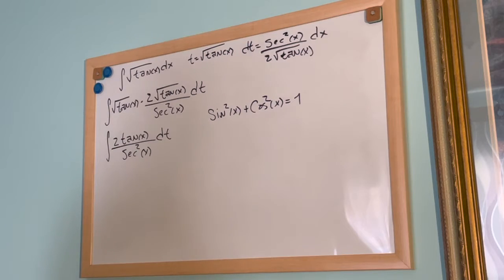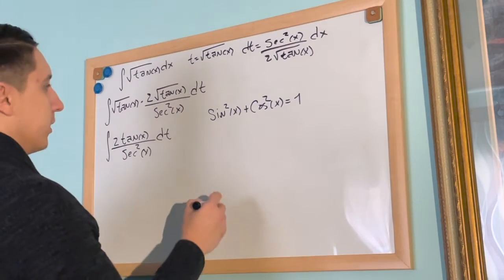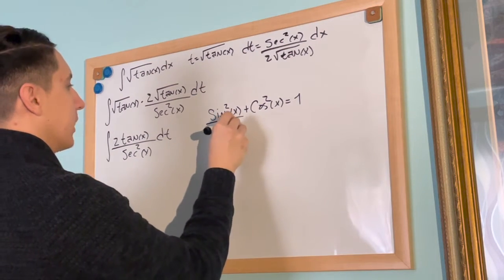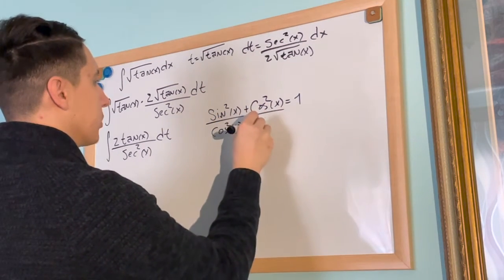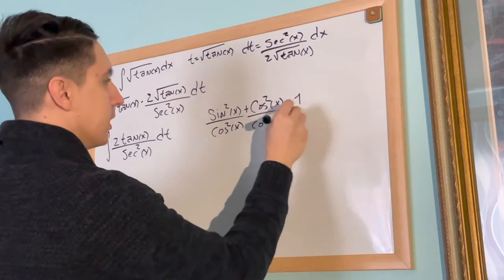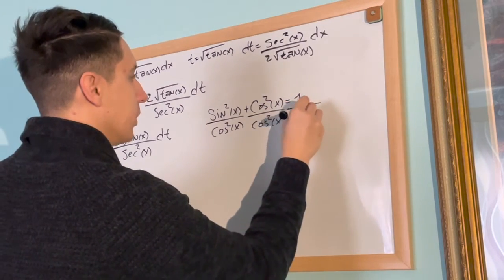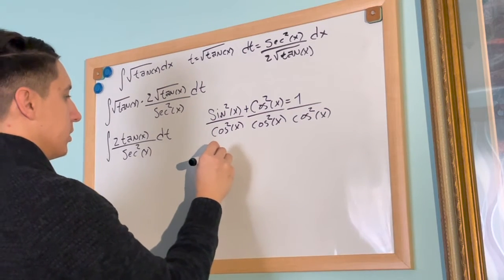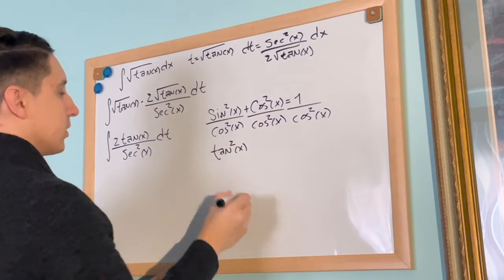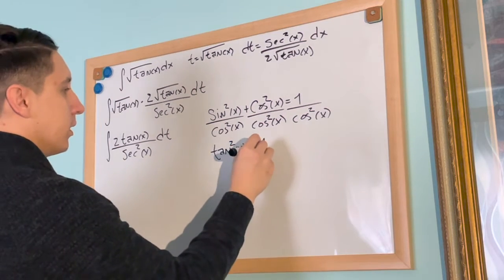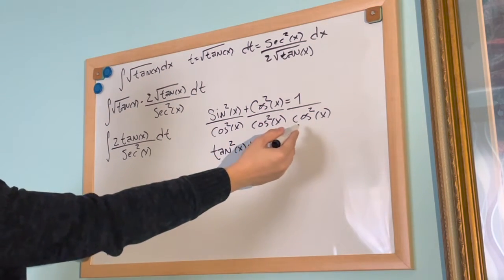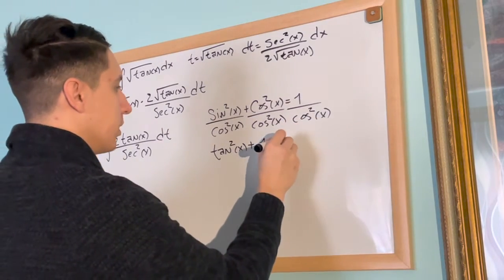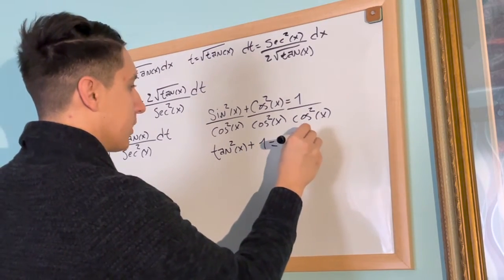If we divide this whole equation by the cosine squared of x, this one divided by cosine squared of x, this one divided by cosine squared of x, and this one as well, that gives us our tangent term, tangent squared of x. This is just going to be 1, and 1 over the cosine is always the secant, but this is a squared term, so it's secant squared of x.